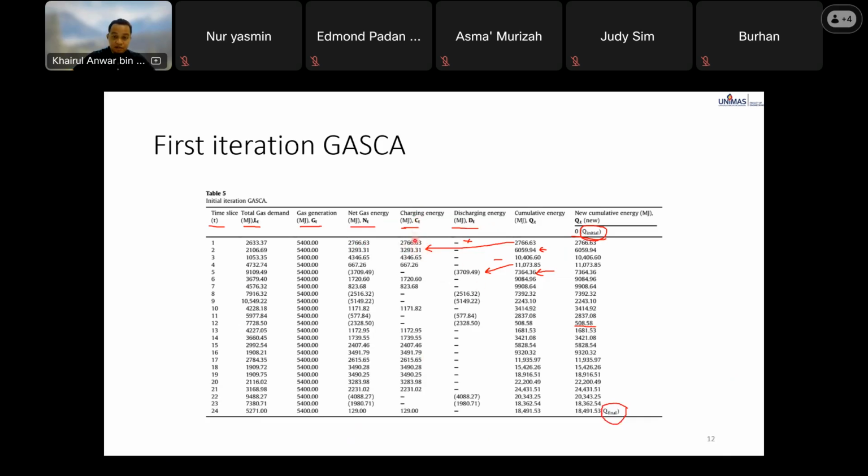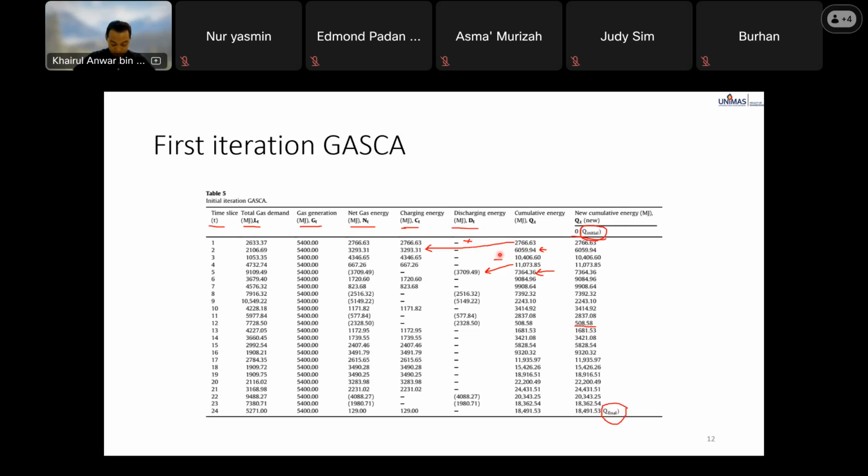For example, CT equal to NT multiply with F charging, while DT is equal to NT division over F discharge.